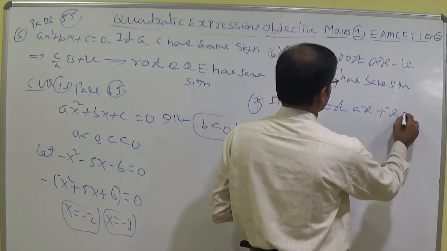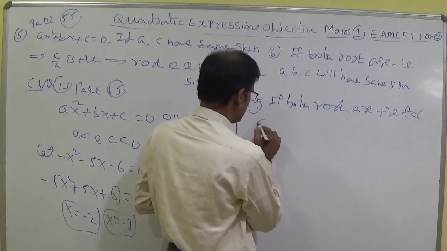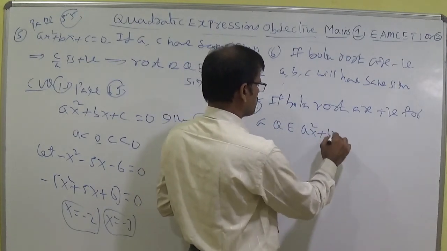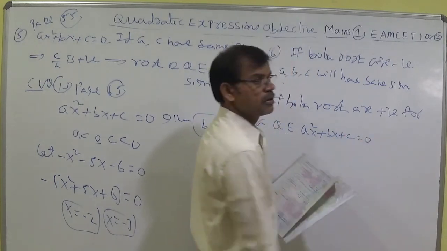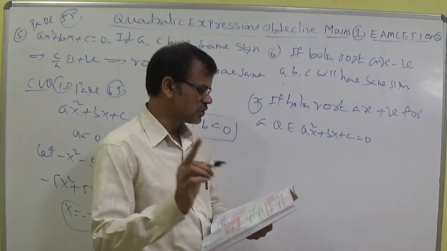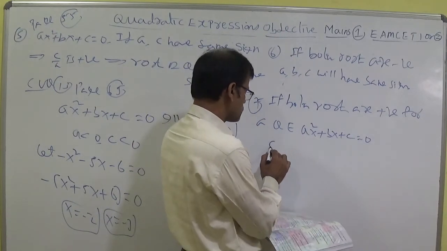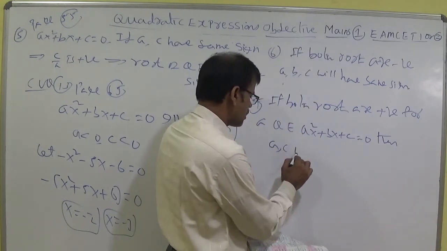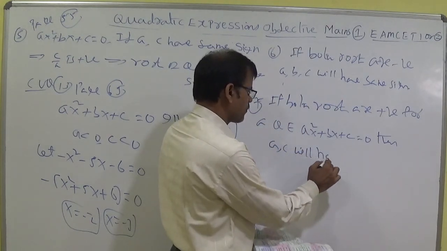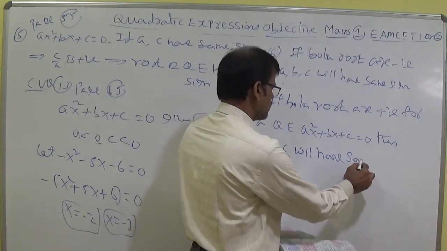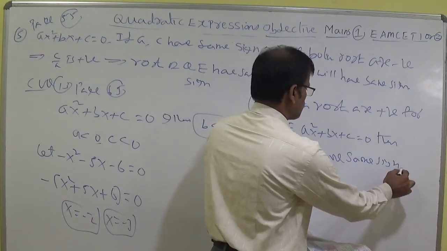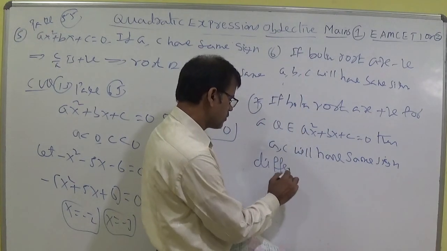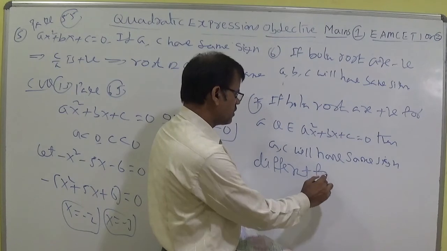If both roots are positive for a quadratic equation ax square plus bx plus c equal to 0, then a, c will have the same sign, different from b.